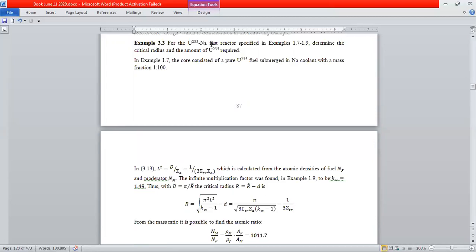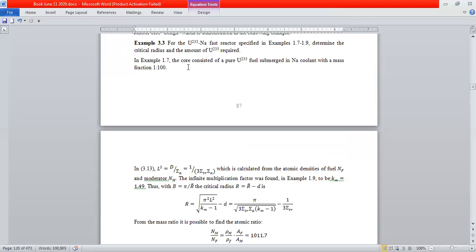I want to produce electrical power out of my fast reactor, and I've got U235 and sodium. The first question I'm going to ask myself is, how big is it going to be? How much U235 do I need? Now, with this knowledge that I have so far given you, just 5 or 6 lectures, let's see what we can do.